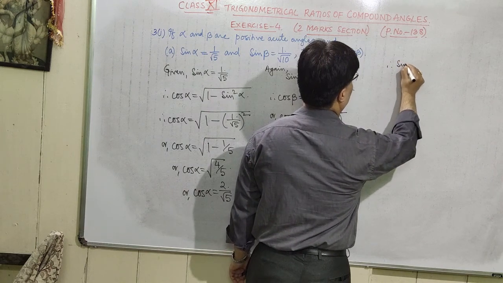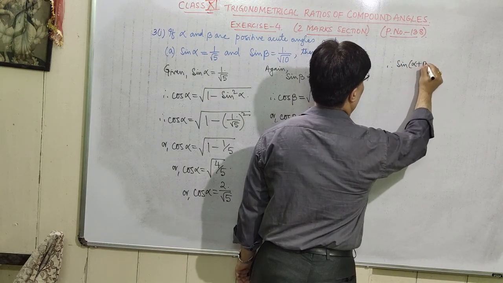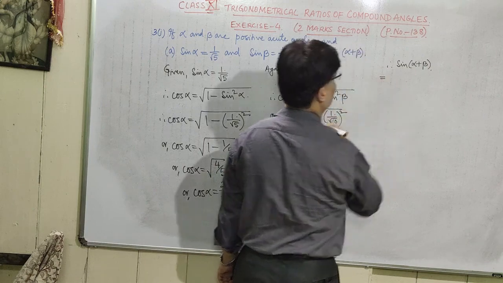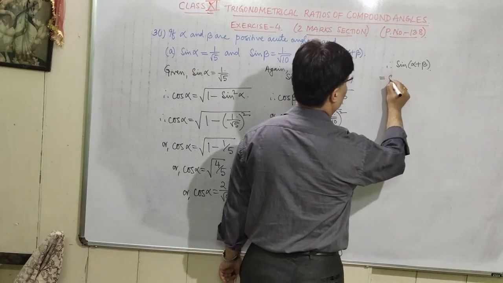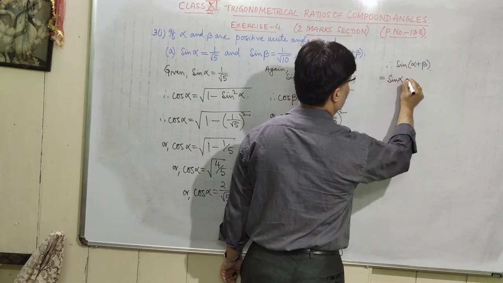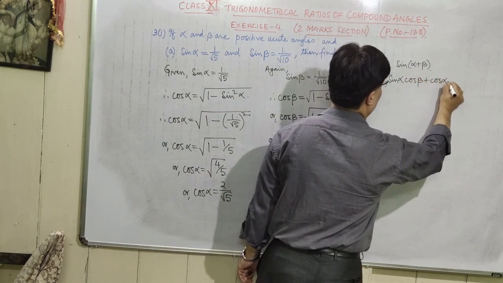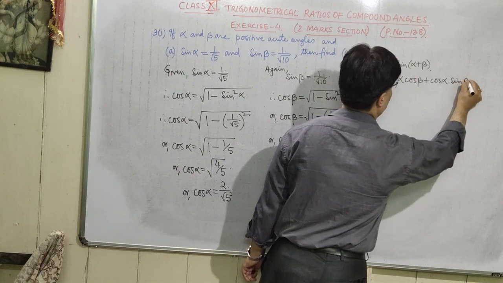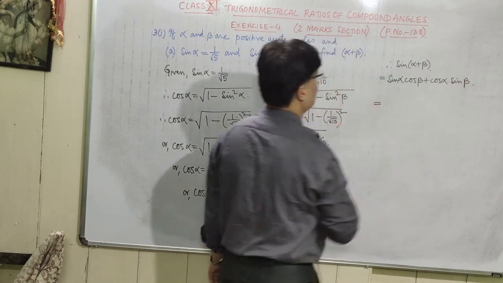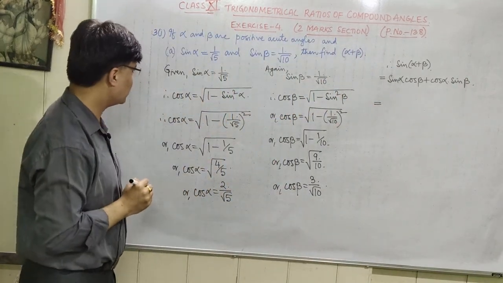Therefore, sine of alpha plus beta is equal to, what is the formula? Now you know the formula, sine of a plus b is sine alpha cos beta plus cos alpha sine beta. So which is equal to, what is sine alpha?